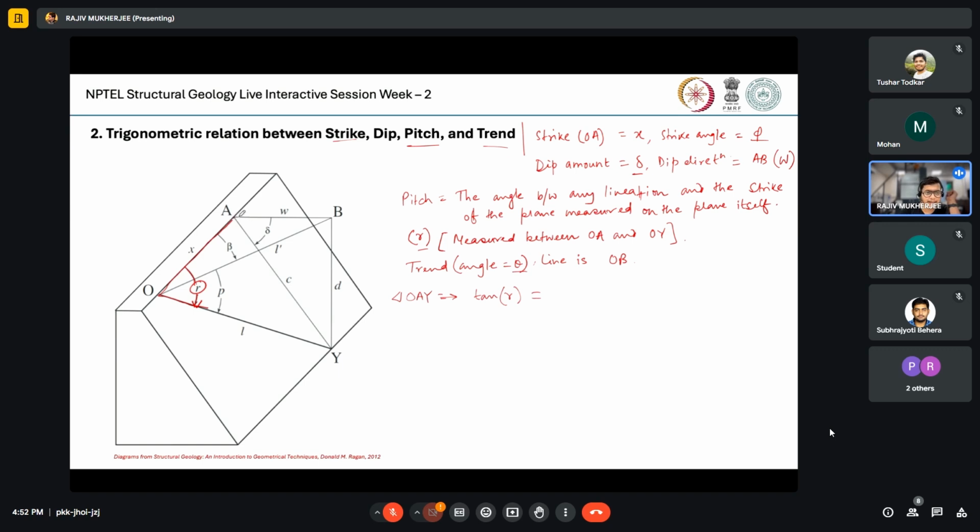So in case of triangle OAY, the perpendicular is AY and the base is OA, right? So AY by OA, which means AY has a length of C and OA has a length of X, right?